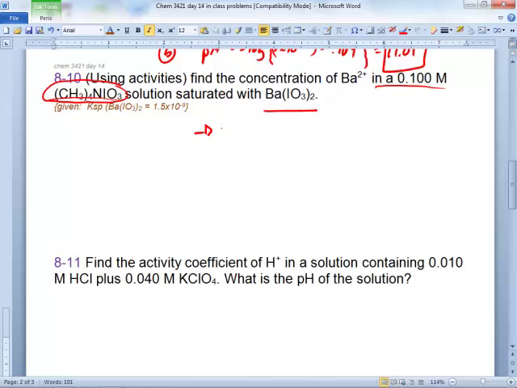Start with the reaction, and that is barium iodate. Remember, the solid always goes where the reactant is. And that goes to Ba plus 2 and 2 iodates.